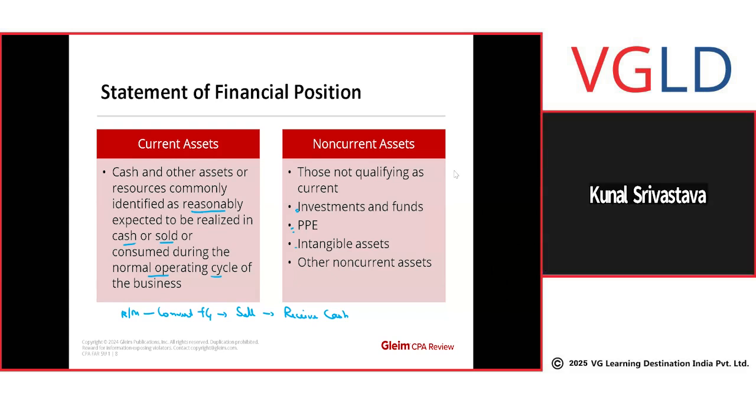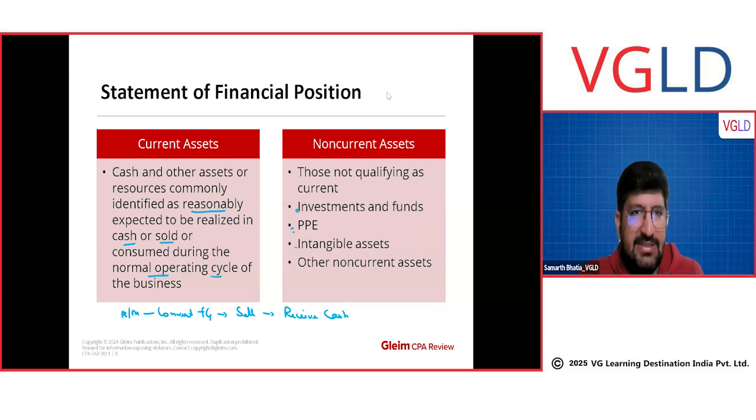Let's say my current process, whether service or manufacturing, has an operating cycle of around 30 days, 1 month. Now I have some asset which is going to mature in the next 6 months. Is it fine to show that asset as a current asset, or do I have to show it as a non-current asset?